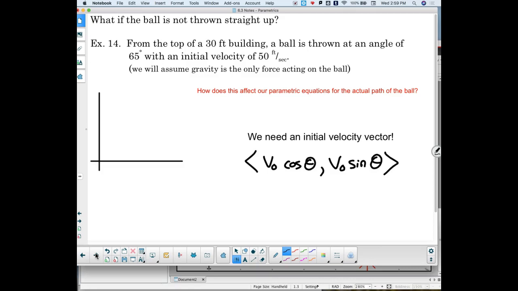So I have to add that vector into my two parts.